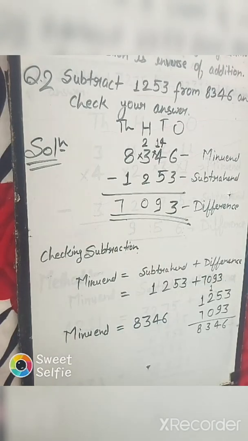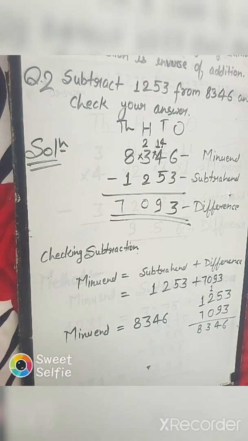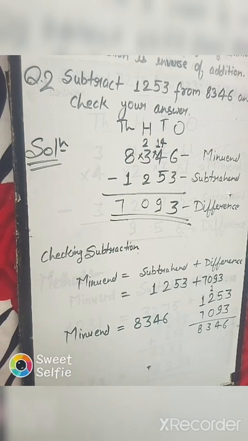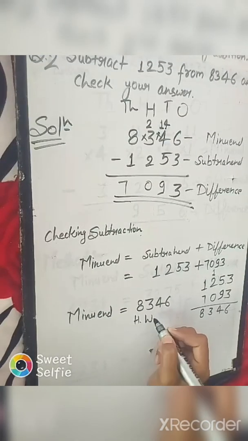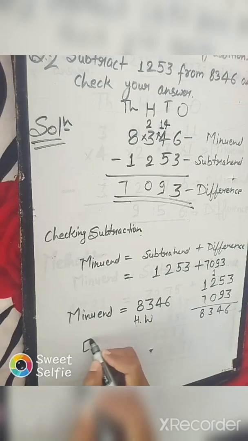so now you have to solve some questions based on checking subtraction. Firstly, you have to subtract the question. After that, you have to check your answer, whether your answer is correct or incorrect. Okay, so your homework is you have to solve exercise 4D.